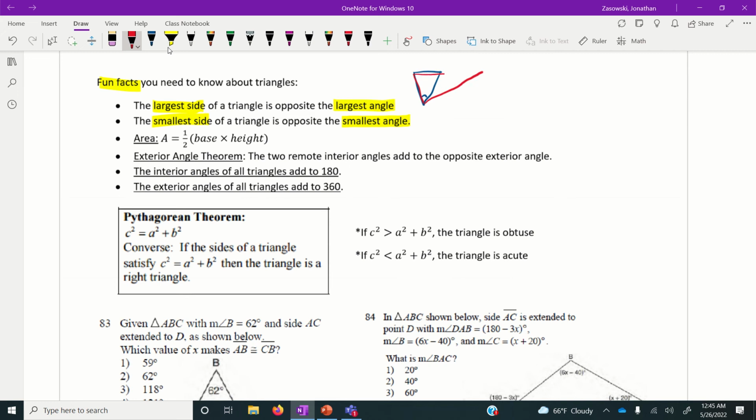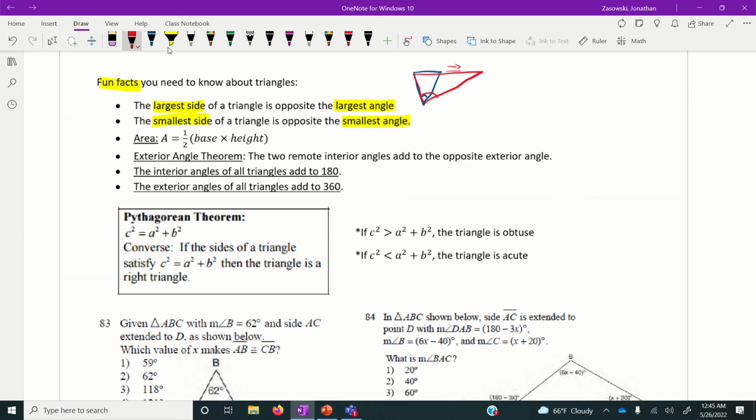Notice that the side length also has to increase in order for this to stay a triangle. So as this side gets bigger and bigger, as we head in this direction, this side length is also going to increase. So as the angle gets bigger, the side length is going to get bigger as well. So small side across the smallest angle, largest side across the largest angle.